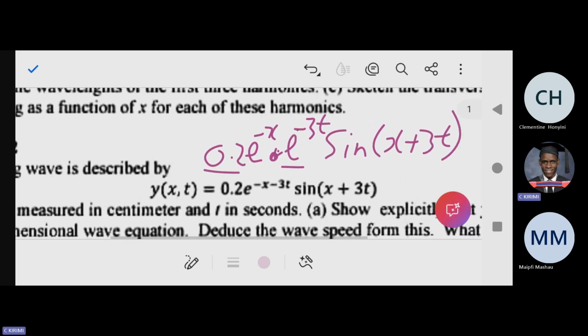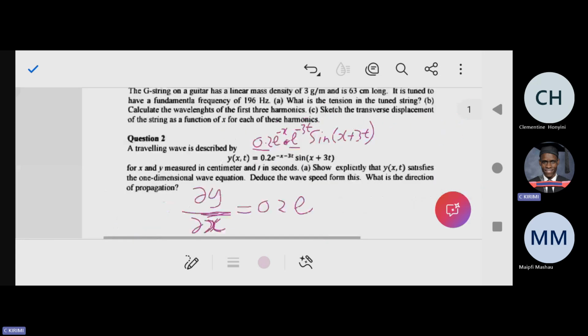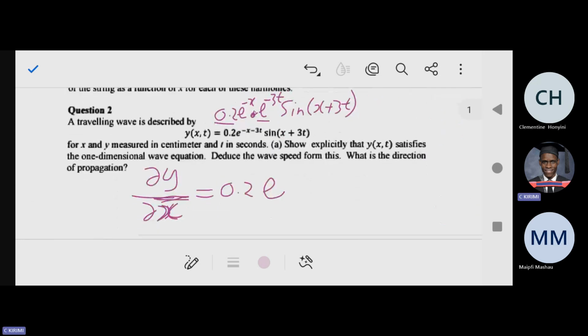When you differentiate e to the power minus x, it gives you e to the power minus x multiplied by the derivative of minus x, which is minus 1.